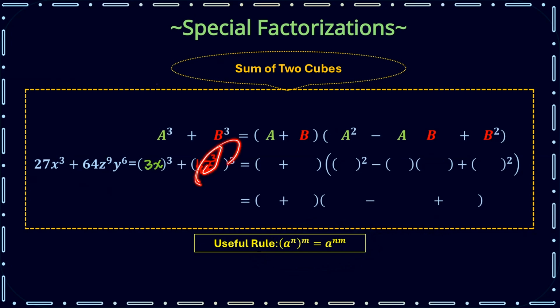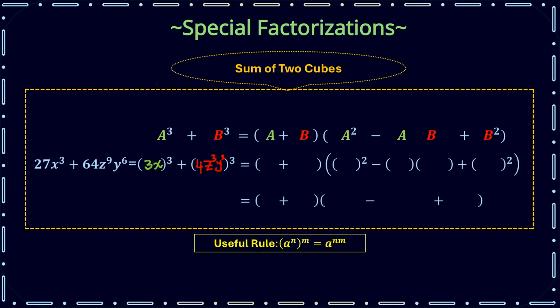Z cubed, you multiply the exponent as we have multiplied the exponent. That would give you z to the power of 9. And then we have y to the 6, which is the cube of y squared. Here, it seems like I don't have enough room.